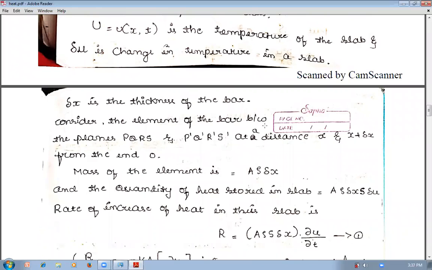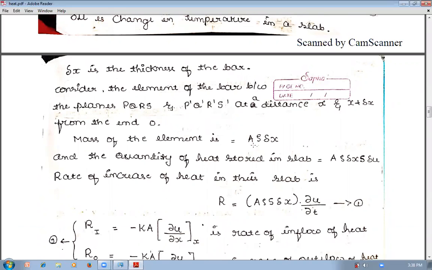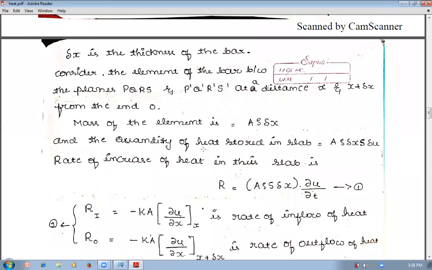Consider the element of the bar between the planes PQRS and P'Q'R'S' at a distance x and x plus delta x from the end O. Mass of the element is A rho delta x, and the quantity of heat stored in the slab is A rho delta x S delta u.